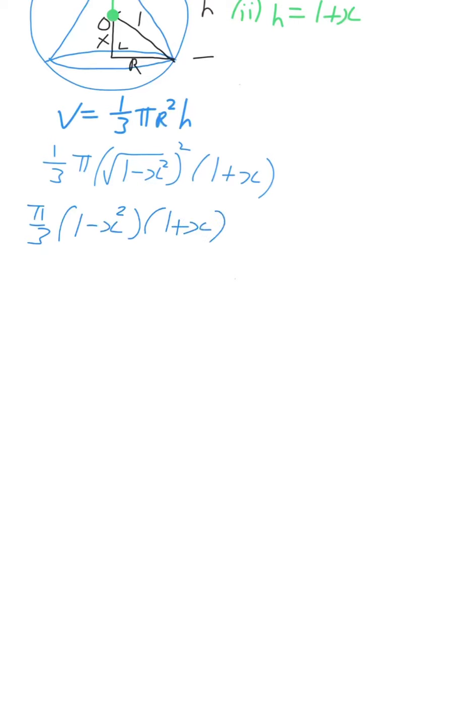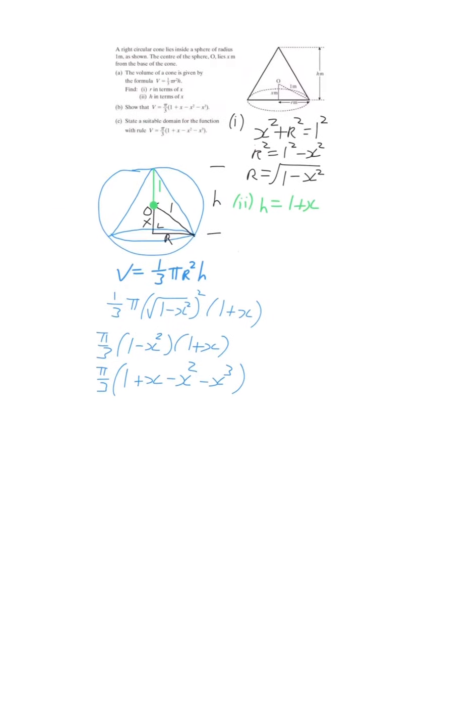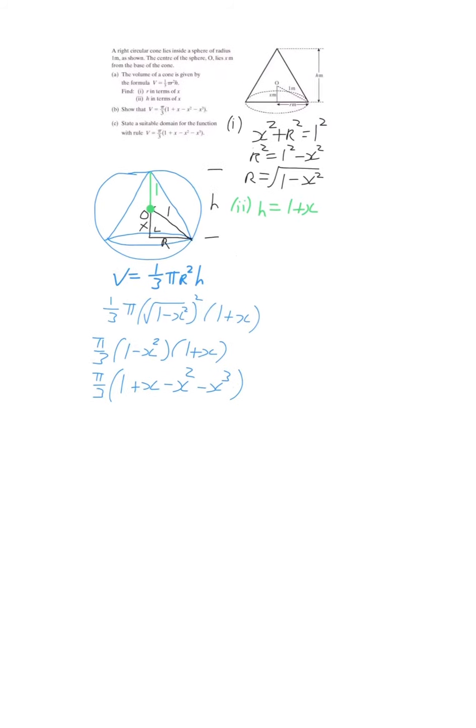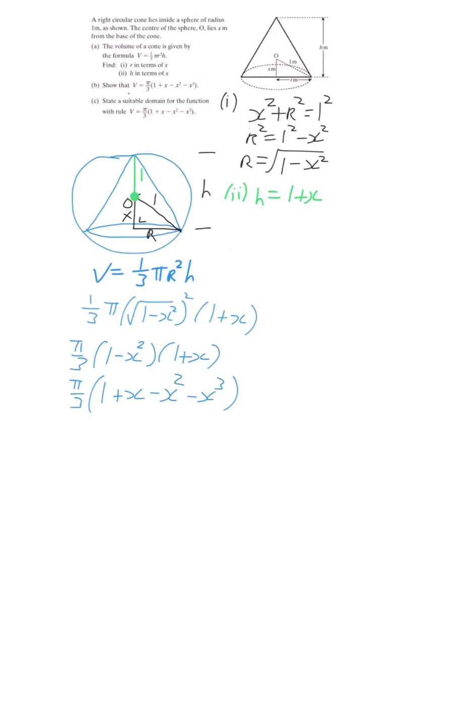Now expanding our brackets, we'll have 1 times 1 is 1, 1 times x is just x, minus x squared times 1 will be minus x squared, then minus x squared times x will be minus x cubed. Then all this is being multiplied by pi over 3, and there we have it. That's exactly what we wanted to get. Okay, so that's our volume now.